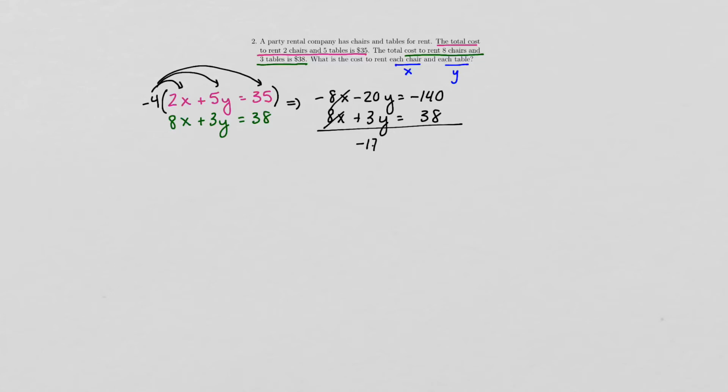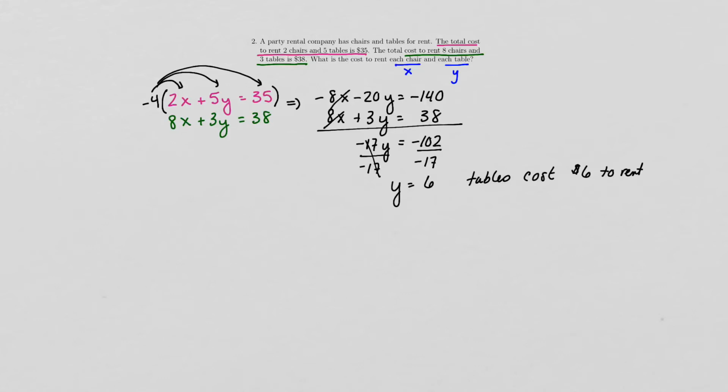So we have -17y equals, so -140 plus 38 would give me -102. I'm going to divide both sides by -17. So 102 divided by 17 is 6, so it goes in nice. So y is the table, right? So the tables cost $6 to rent.